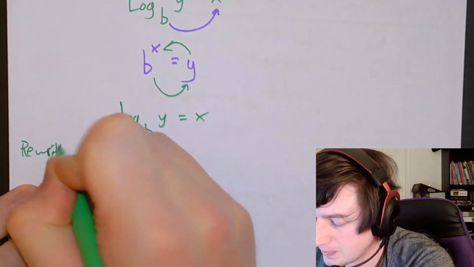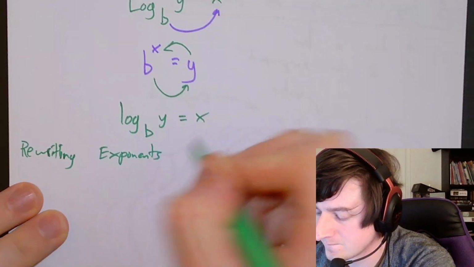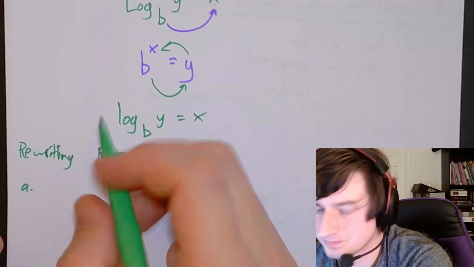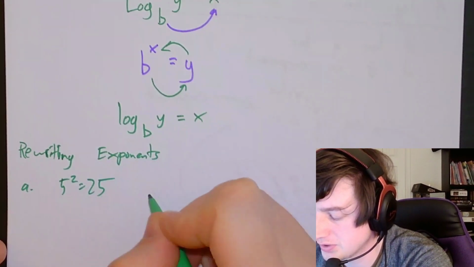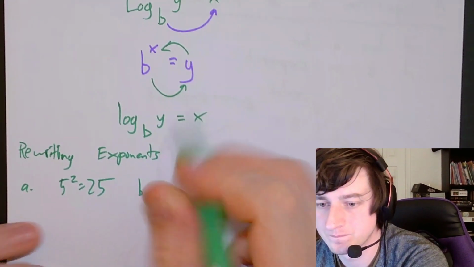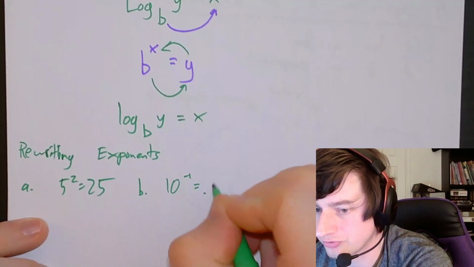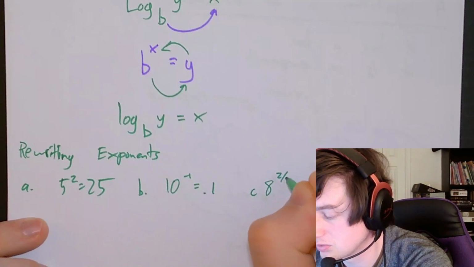Rewriting exponents. 5 squared is 25. These are all things we already know, or should be able to calculate using a calculator, or figure out. Some of them are going to look kind of weird, like this one. 8 to the 2/3 is 4.